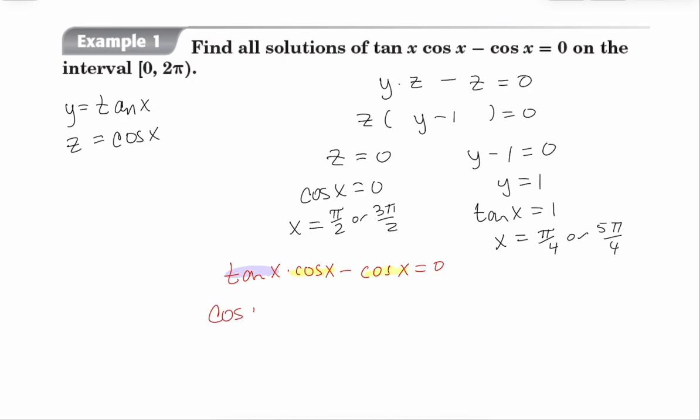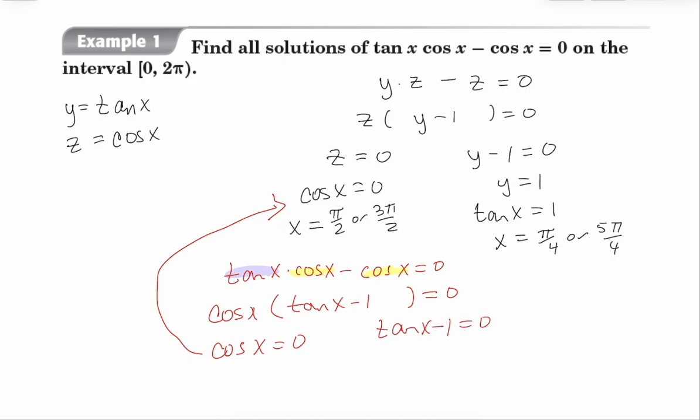We can take out a cosine of x from both of those pieces. We are left with the tangent of x minus 1. We're left with the cosine of x equals 0, which takes us right back to this spot. And we're left with the tangent of x minus 1 equals 0, or the tangent of x equals 1, which brings us right back to that spot.